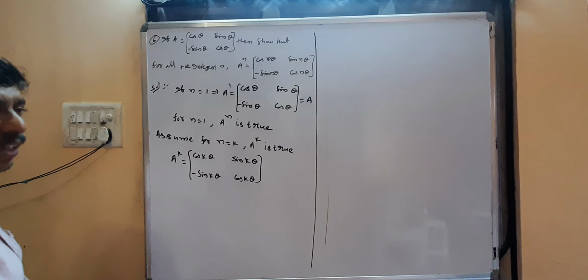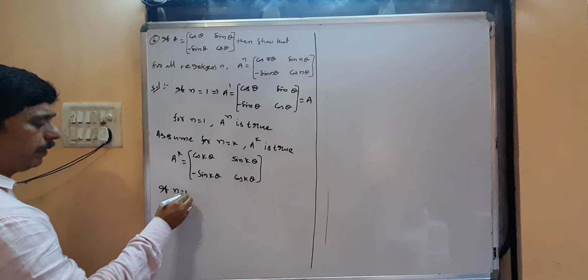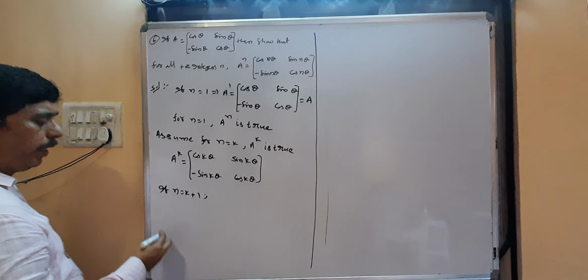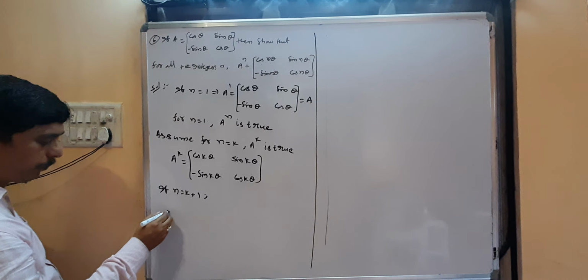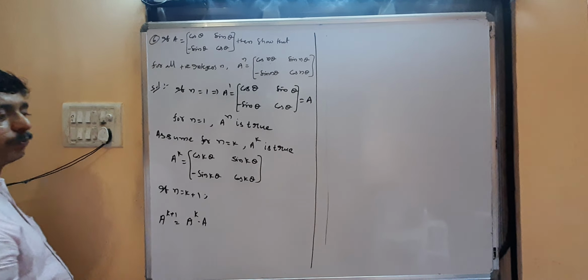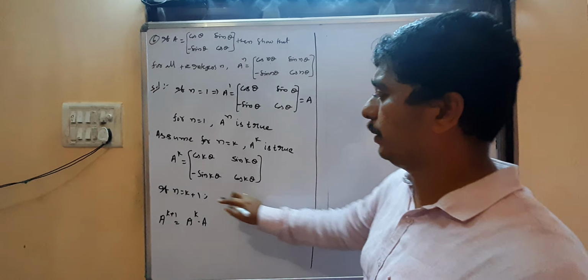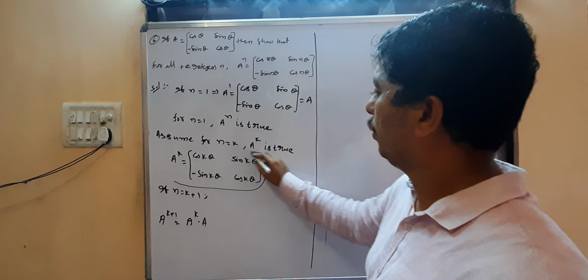Next you have to prove it for n equal to k plus 1. If n equal to k plus 1, A power k plus 1 is A power k into A. What is the A power k value here? This is the A power k value. Substitute that.